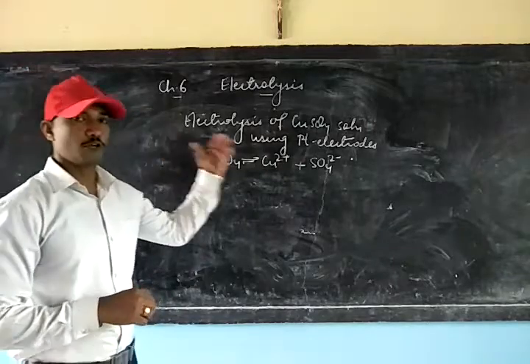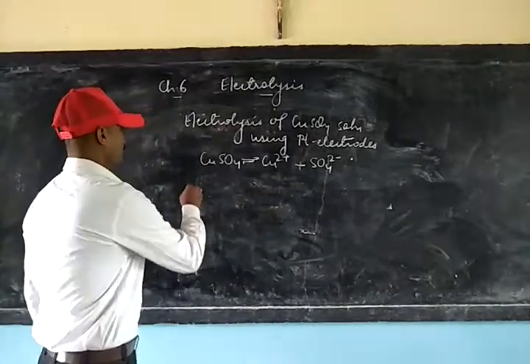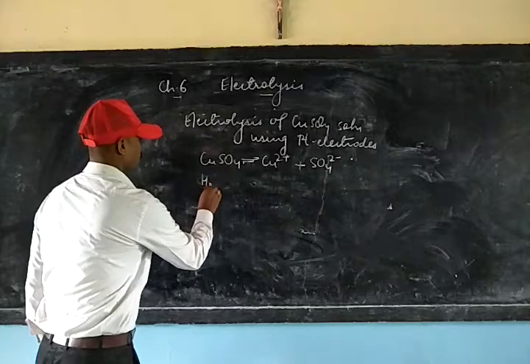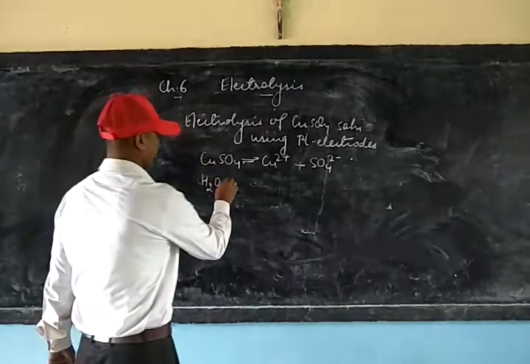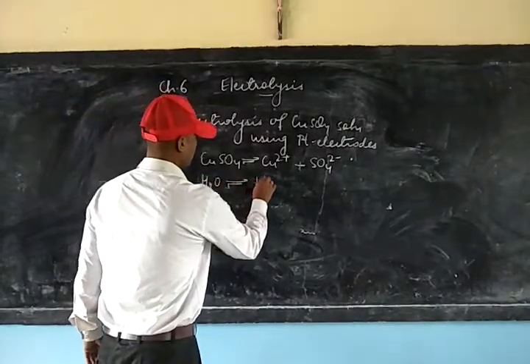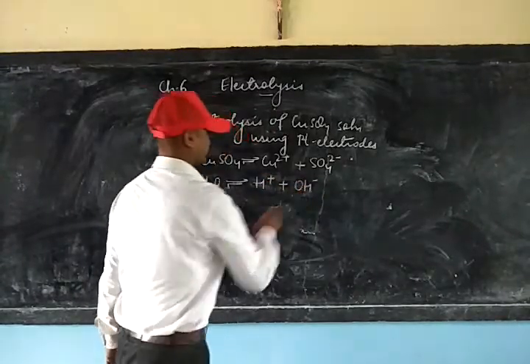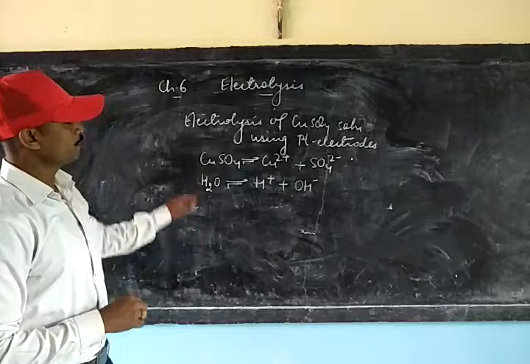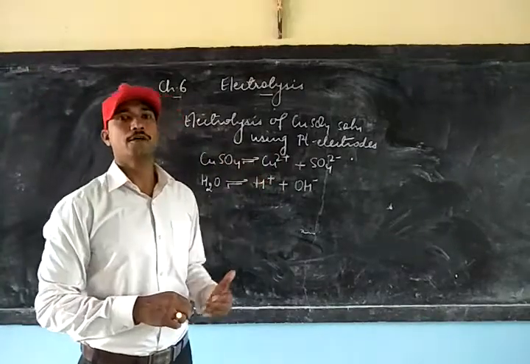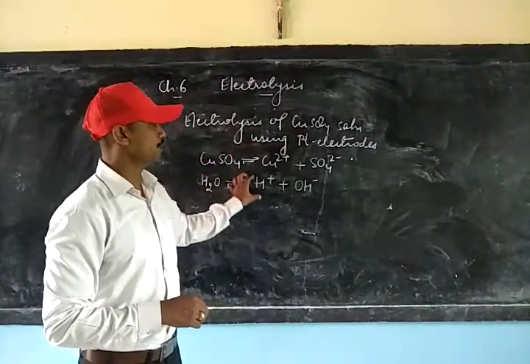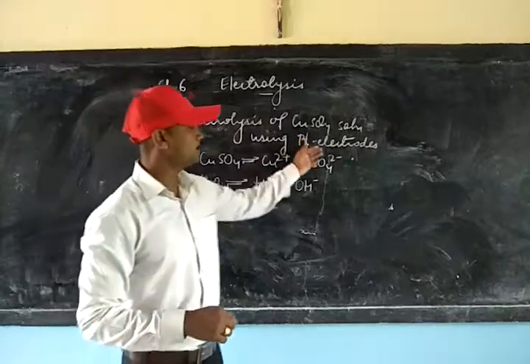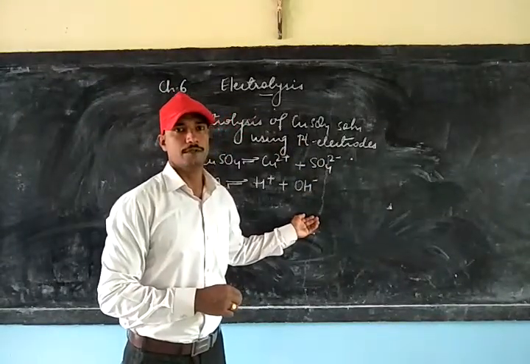Now since it is a solution, there will be ionization of water also. H2O will ionize to give H+ and OH- ions. Now the solution contains two positively charged ions and two negatively charged ions.